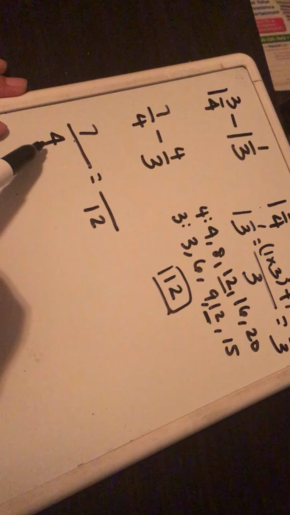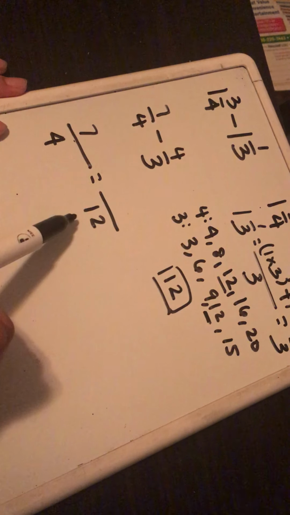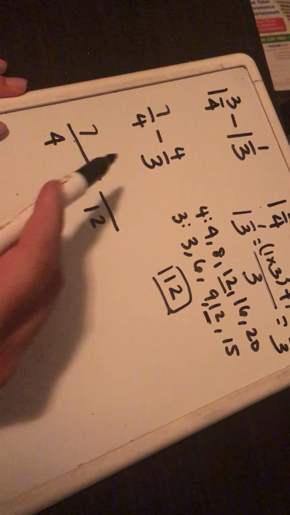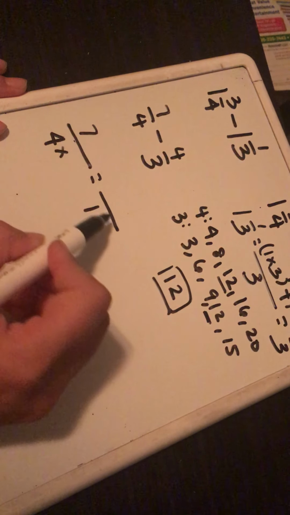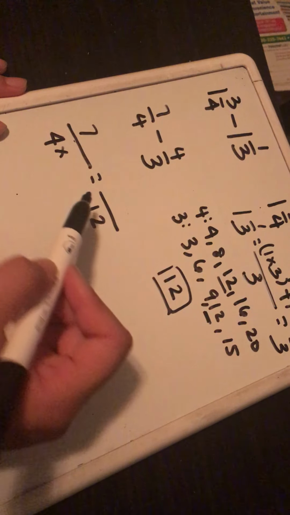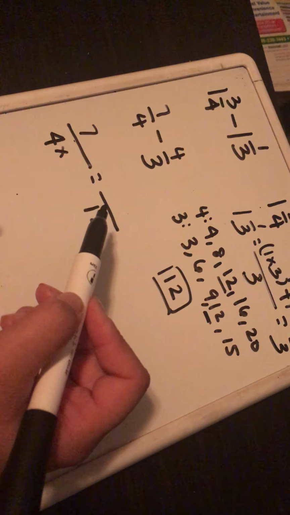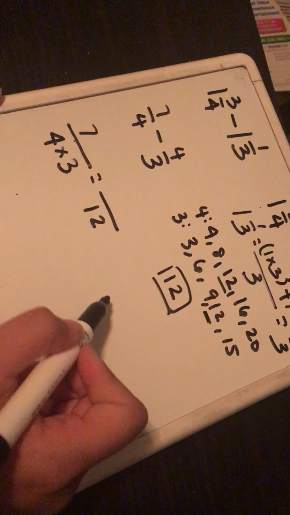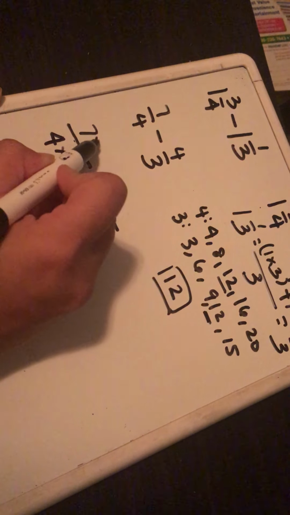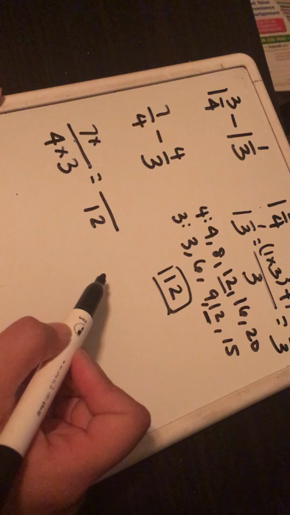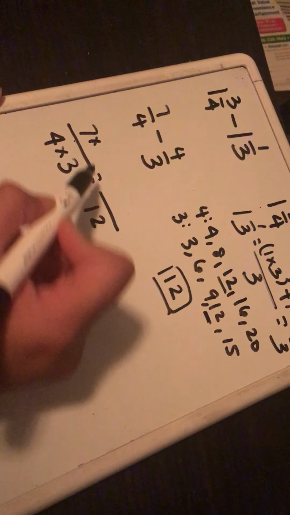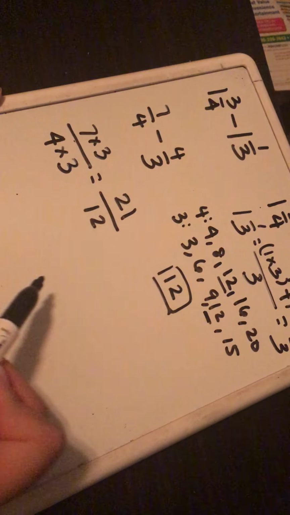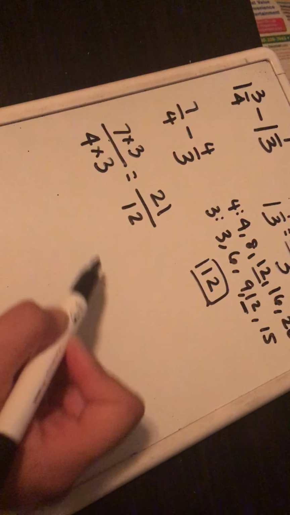So let's begin with our denominator since we know what we're working with. So from here, we have to decide 4 times what one number can I multiply 4 with to get 12. So it's 4 times 3 will give me 12. Because I multiplied the denominator by 3, I have to multiply the numerator by 3. And my answer is 21 over 12.